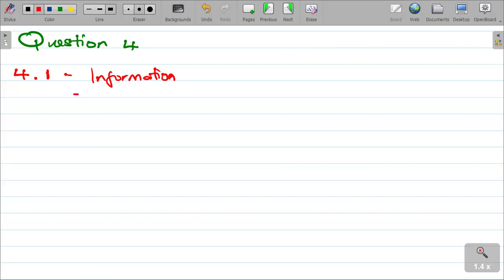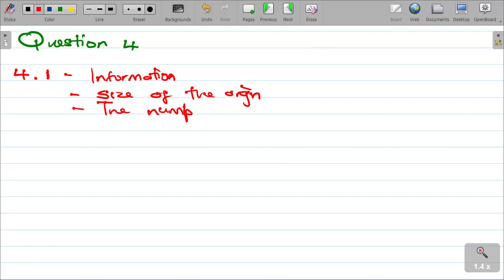Information provided also affects selection. We also have the size of the organization. Three, the number of the applicants.